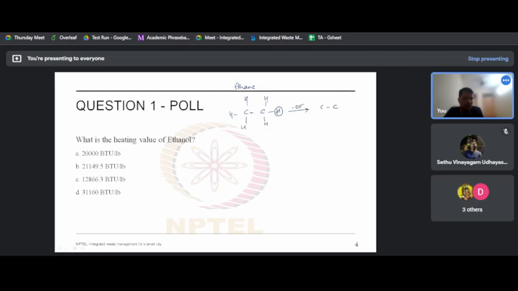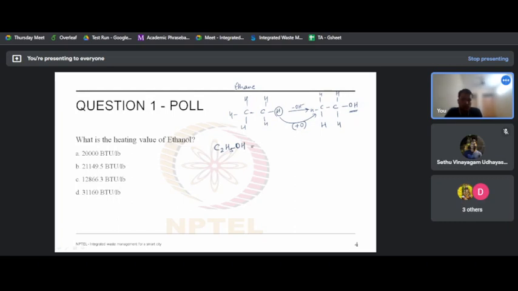That forms two carbons, we'll still have the three hydrogens, the two hydrogens on this carbon, and finally a hydroxyl group here, OH. So essentially we add an oxygen atom. Ethanol is given as C2H5OH, because we have two carbon, five hydrogen and one hydroxyl.